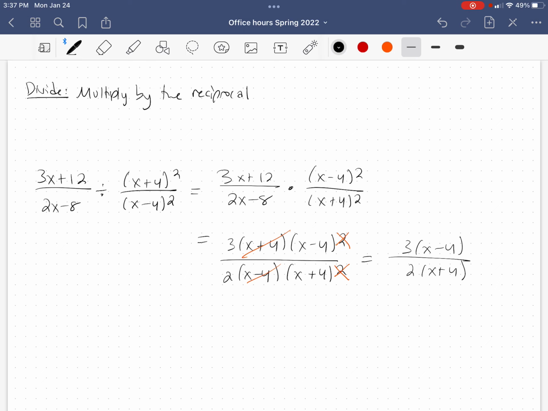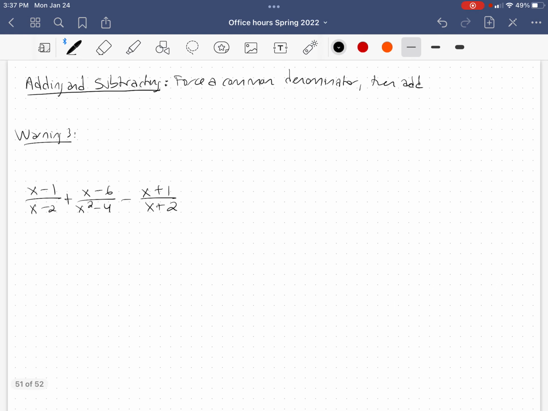All right, now we're going to move to addition and subtraction, which is actually significantly harder. And the reason is you can only add and subtract fractions if they have a common denominator. So first we will force a common denominator, and then we'll be able to add the numerators. Now, this provides another warning, okay?